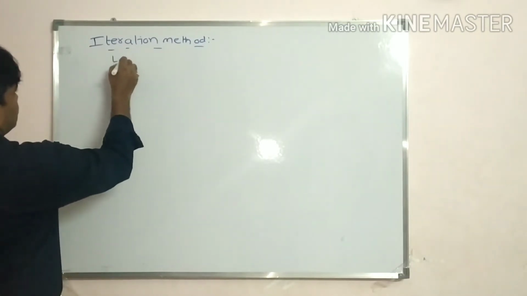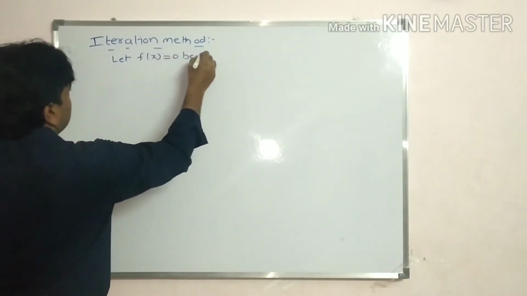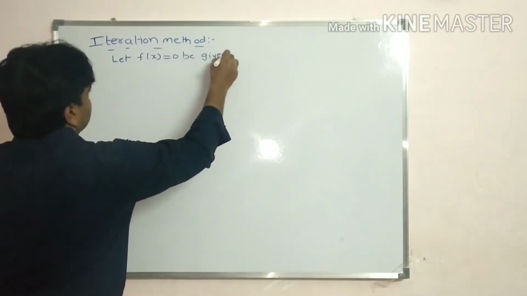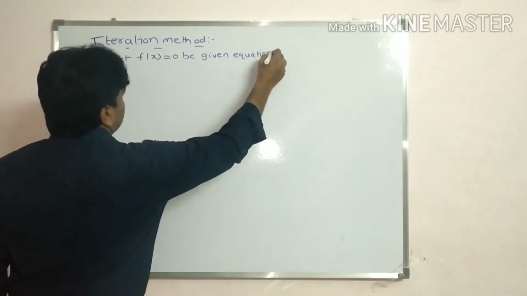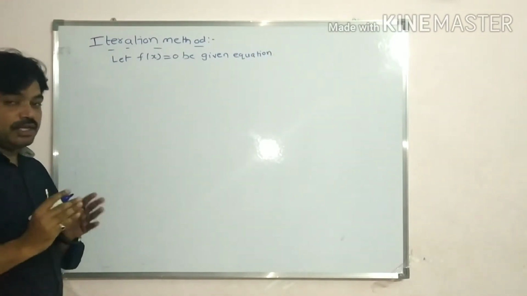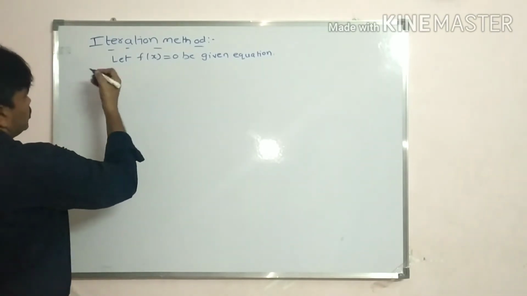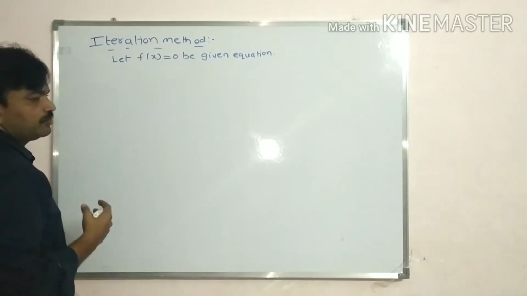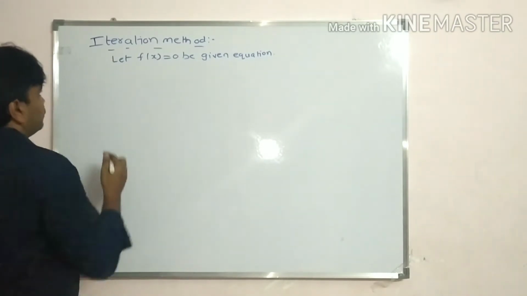Let f of x is equal to 0 be given equation, students. Now, as usual, students, we did in bisection method, secant method, or regula falsi method, same.